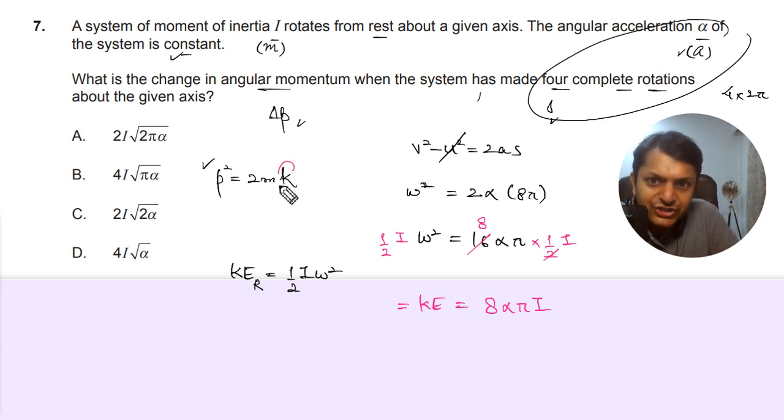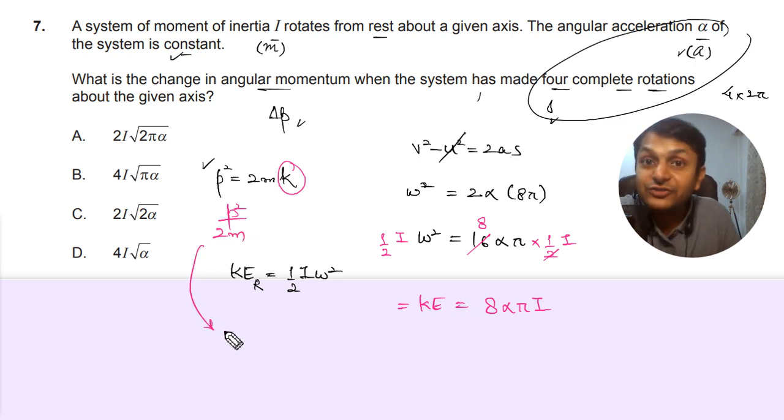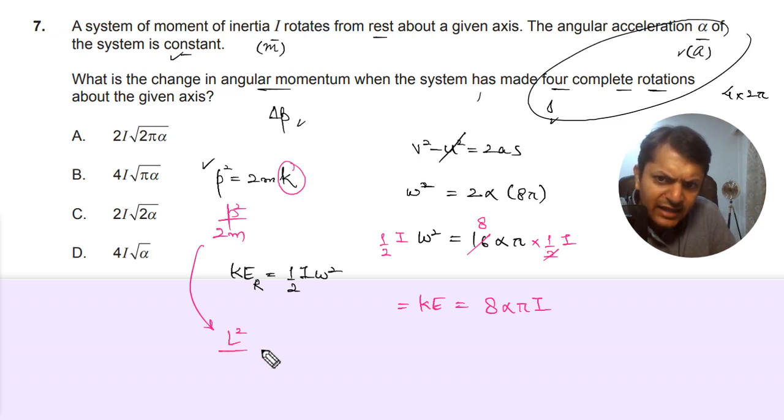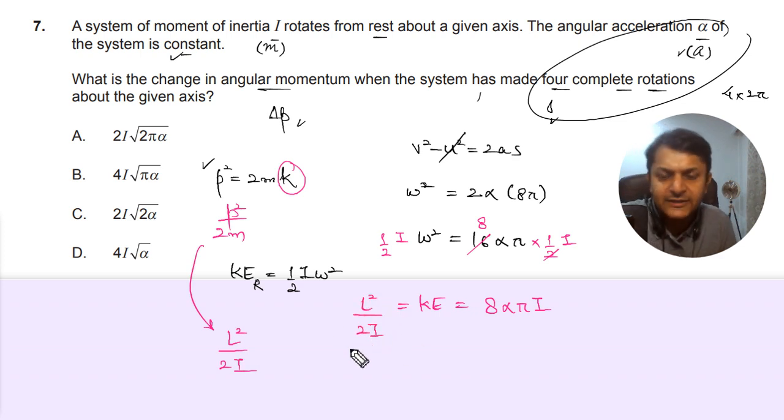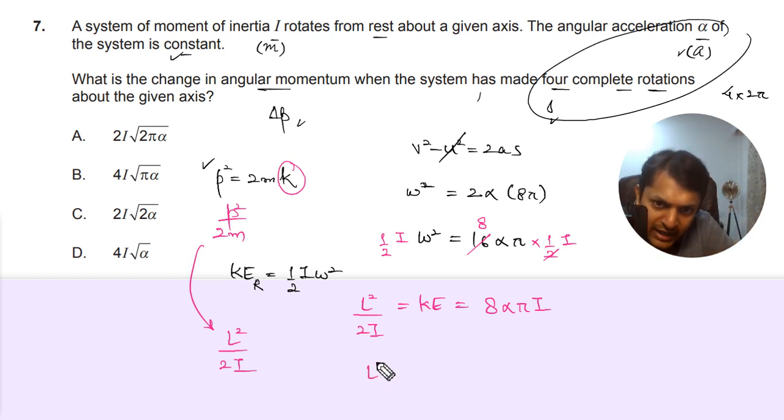But this kinetic energy can be written as p squared by 2m, which in terms of rotational variables, p can be written as L and m can be written as I. So I would just substitute it here like this, and solve it. So L squared over 2I, this 2 goes here, equals 16 alpha pi I squared.